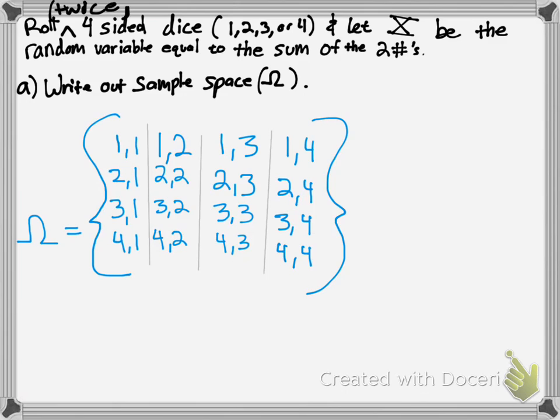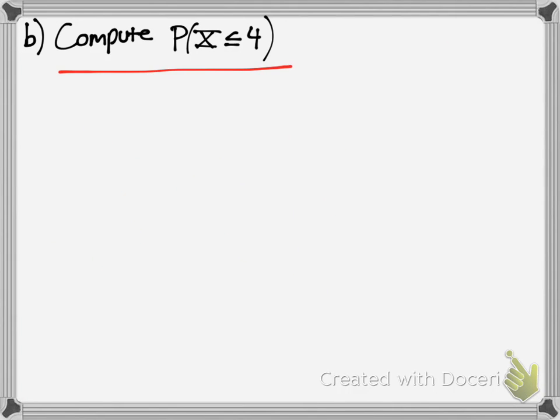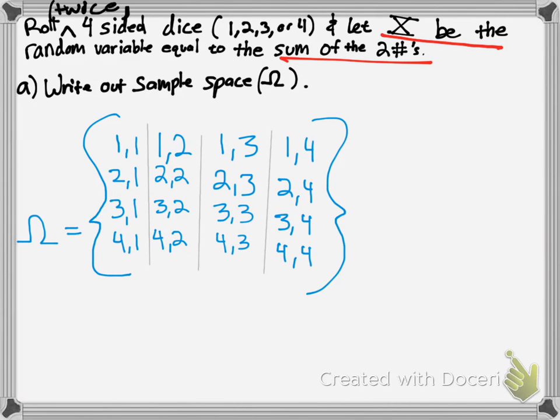Now remember that x is the sum of the two numbers. So if we're asked to compute where x is less than or equal to 4, let's see what the possible outcomes are. 1 plus 1 is 2, that's less than 4. 2 plus 1 is 3, that's less than 4. 3 plus 1 is 4, so that is equal to 4. 4 plus 1 is 5, so that does not count. 1 plus 2 is 3, so that is less than or equal to 4.